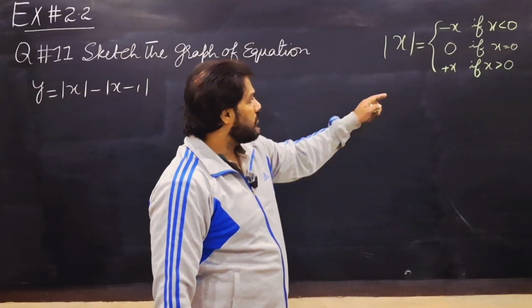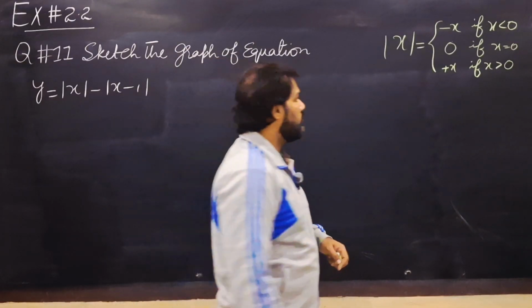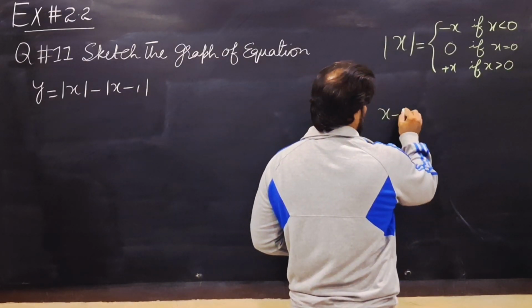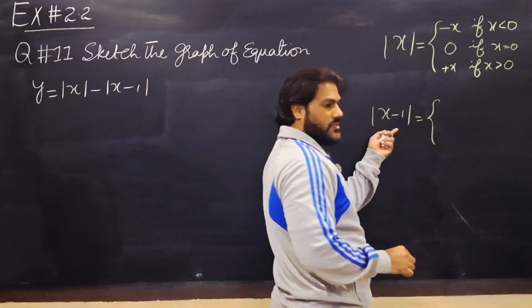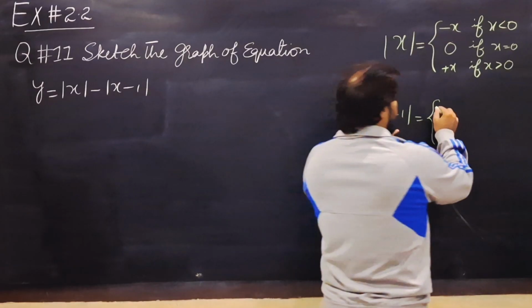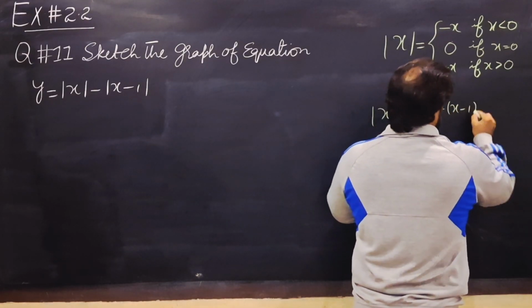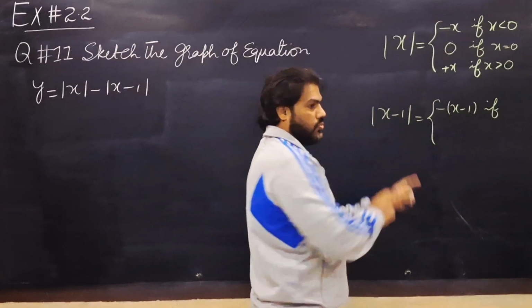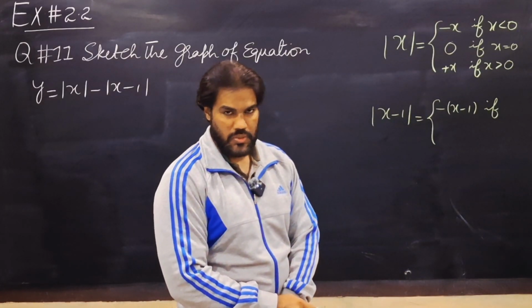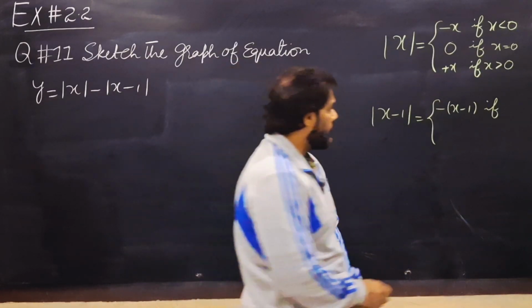In a similar manner, you can define the value of |x minus 1|. |x minus 1| will be negative x minus 1 if the number inside the absolute value, that is x minus 1, is less than 0.